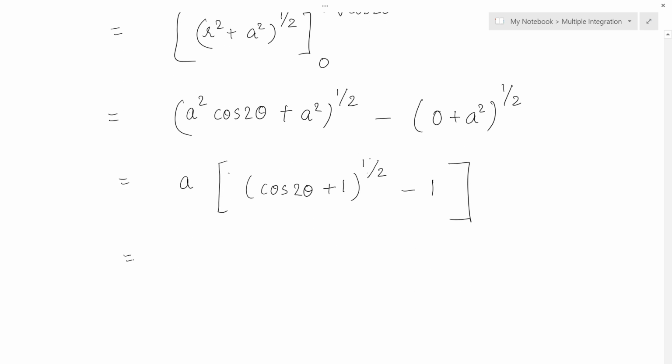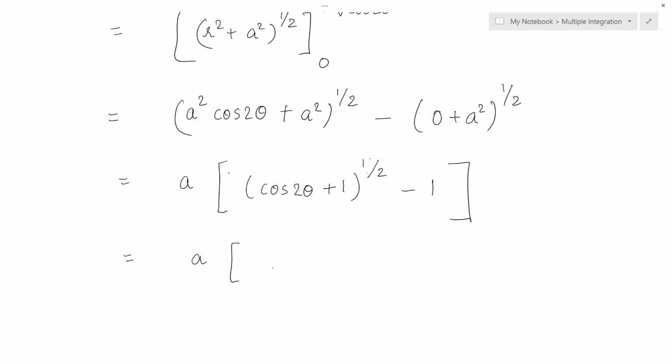So let us substitute the limits now. That will be a into cos 2 theta plus 1. If I open the brackets of cos 2 theta plus 1 raised to 1 by 2 and simplify, you will get this.